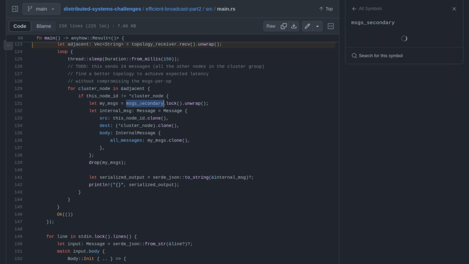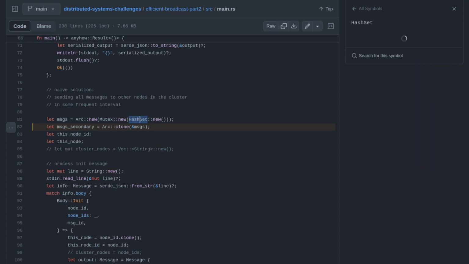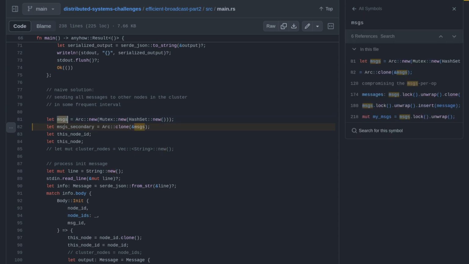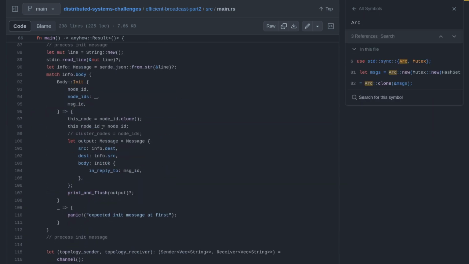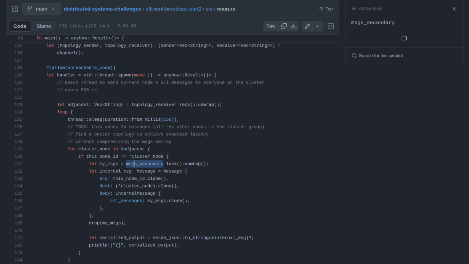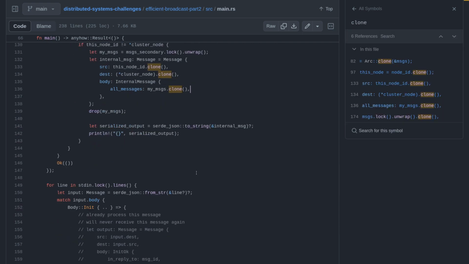As you can see, this secondary is a reference, a mutable reference, which is a mutex to a hash set. For the data in this hash set, we have created two references, one for the main thread and second for the secondary thread. For printing it to the standard output, we are locking the reference and cloning it and sending the messages in the internal message.